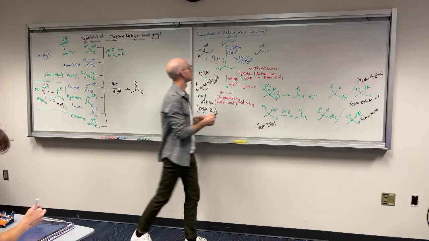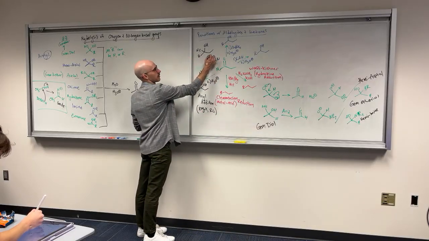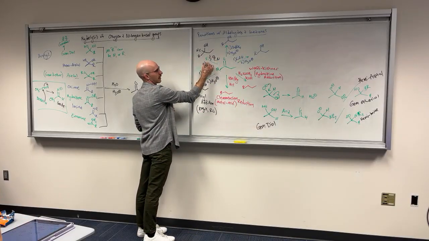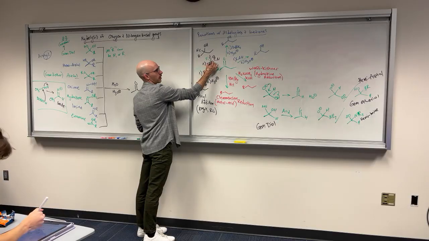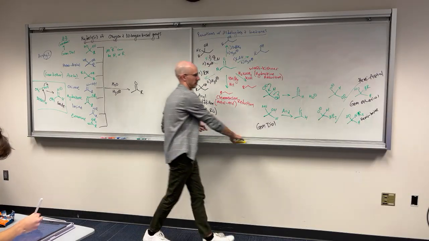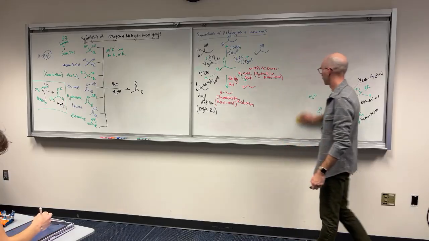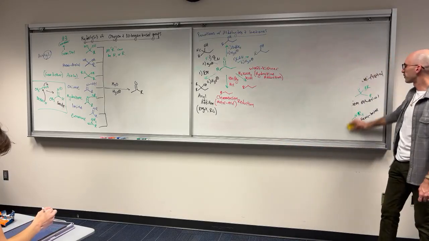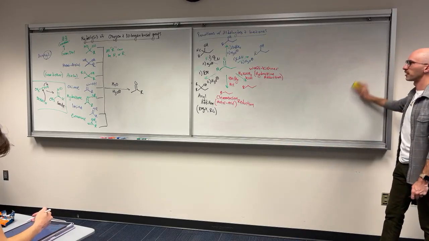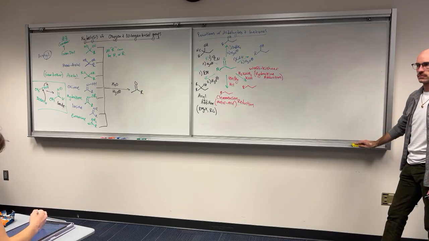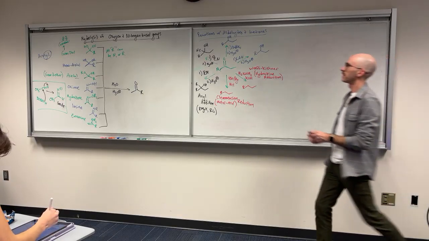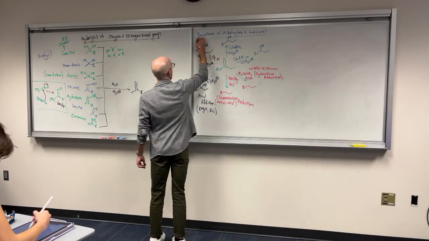Hydrocyanide? We can show it as this, thank you. First, cyanide, second, aqueous workup to get the alcohol back. Which of those reactions feels the least familiar? Yeah, the cyanohydrin addition.